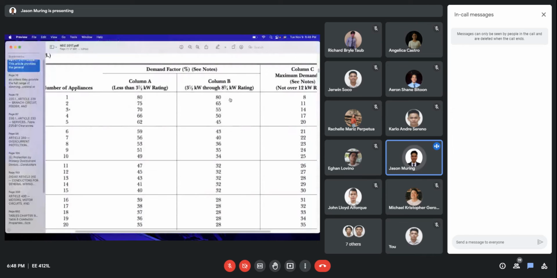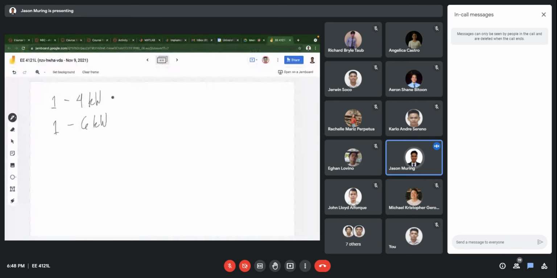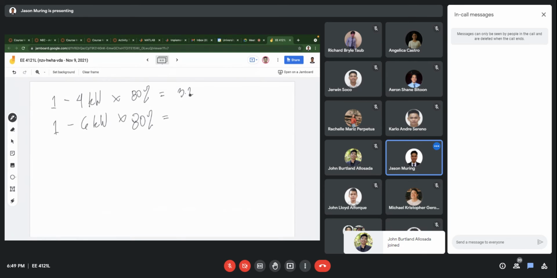If we look at these tables again, they belong to column B, and since there's just one, we multiply it by 80% for the demand factor. So I have here 4 times 0.8, which is 3.2. And 6 times 0.8, I have here 4.8. Okay.